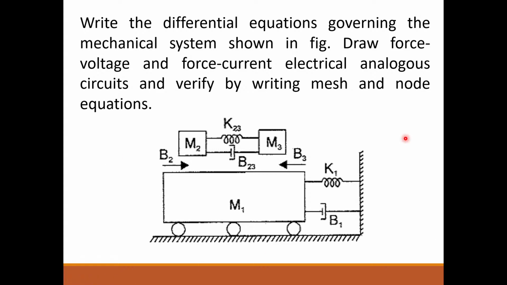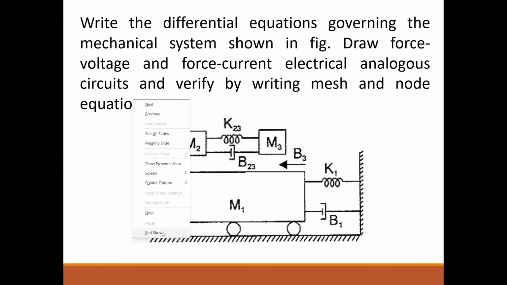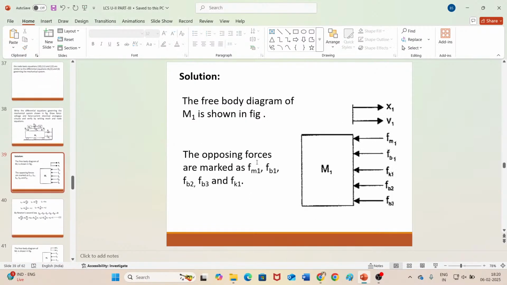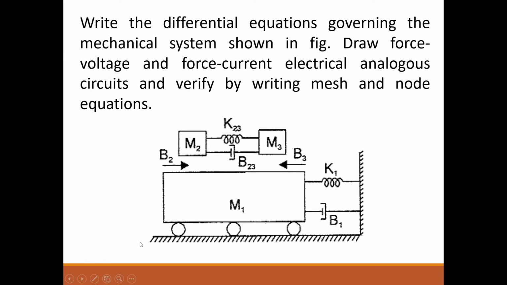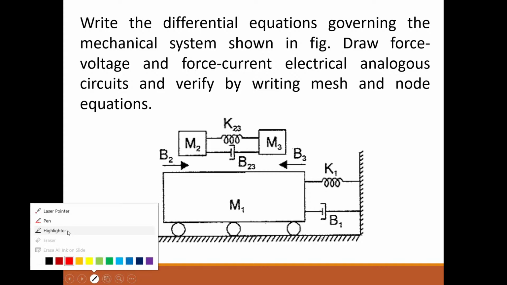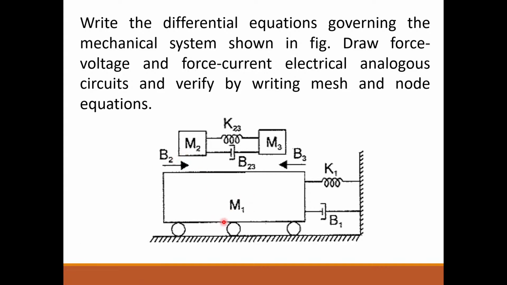Okay, so let us proceed. Here if you observe, there are three masses, M1, M2 and M3. So since there are three masses, we have to draw three free body diagrams.